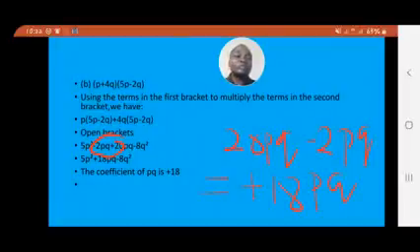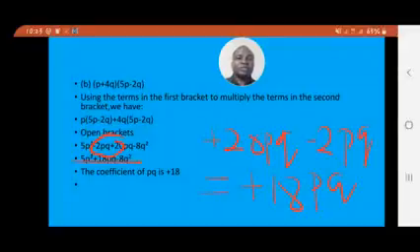Remember, this 20pq is the same thing as plus 20pq because every number has a plus in front of it. That is the final answer, as you can see at the middle. So when you expand, you have 5p squared plus 18pq minus 8q squared.